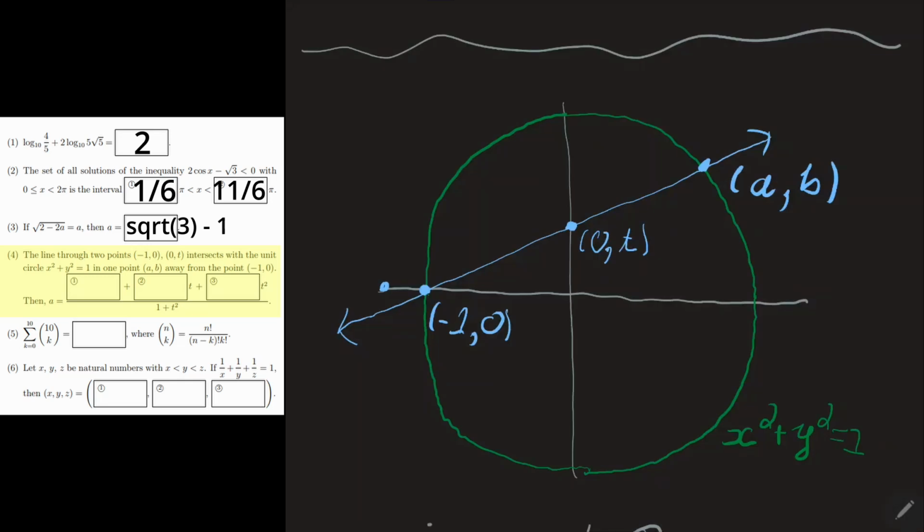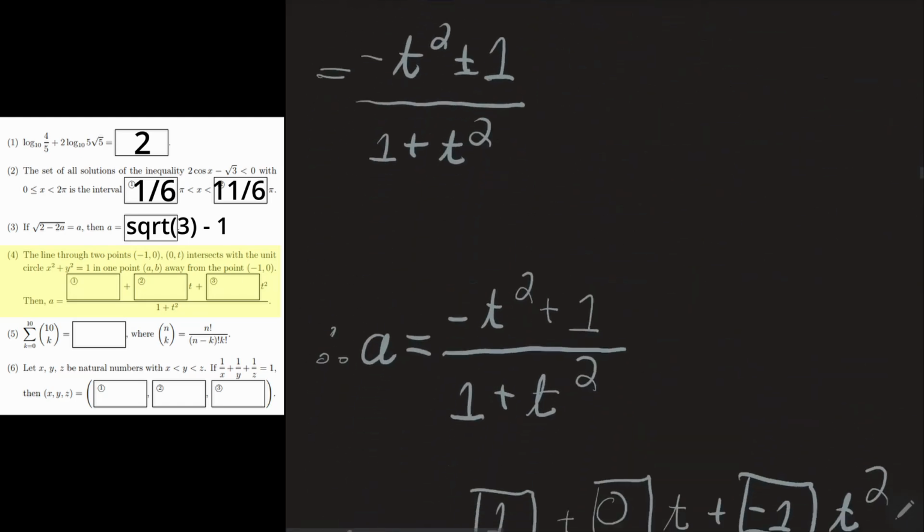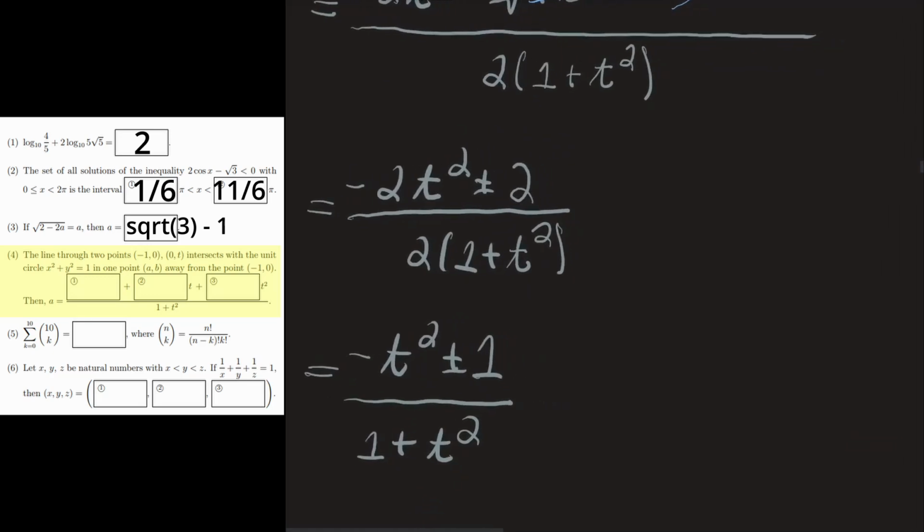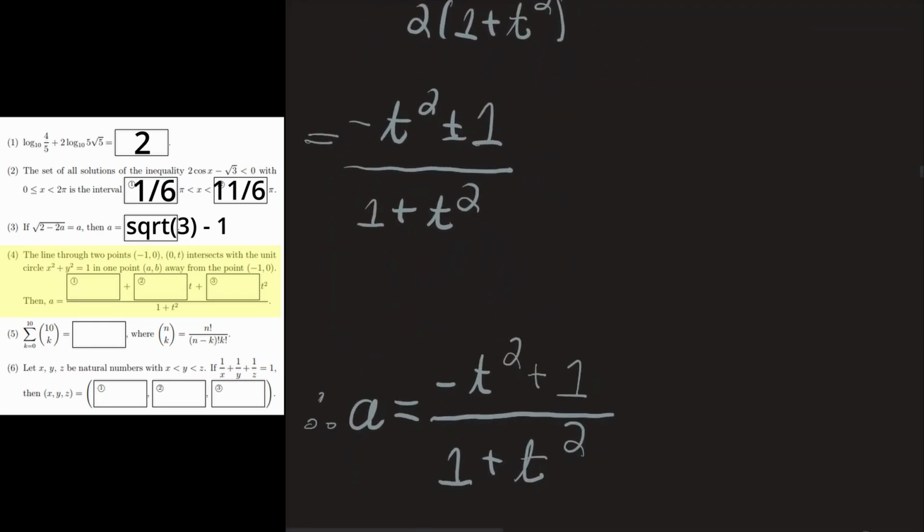Which means that out of our two solutions, let me scroll down to those, the one for a must be the one with plus 1. Because if we do minus 1 instead, we get a smaller value, and that smaller value corresponds with the intersection point (negative 1, 0). So a must equal negative t squared plus 1, divided by 1 plus t squared.